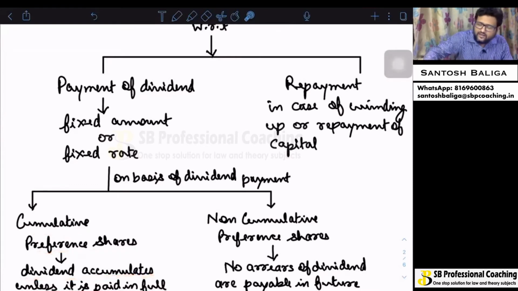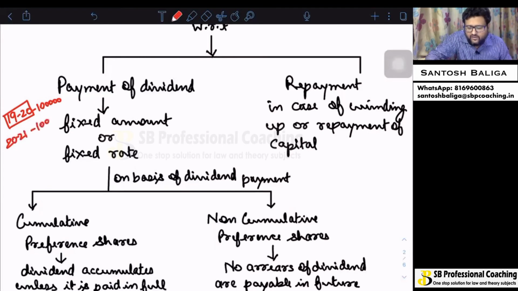So in case a company in 2019-20 was supposed to give dividend of 1 lakh rupees to a particular preference shareholder, and the company could not pay this 1 lakh rupees in 2019-20, then in 2020-21, again the company has to pay 1 lakh rupees.